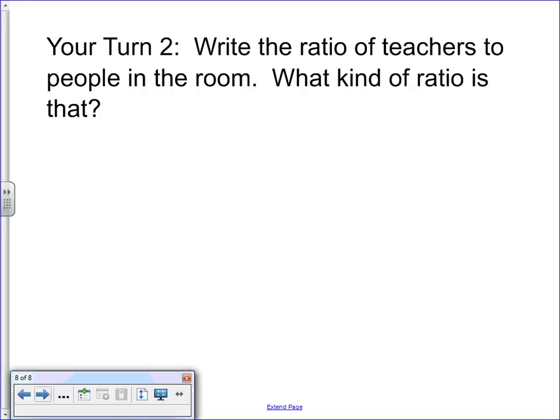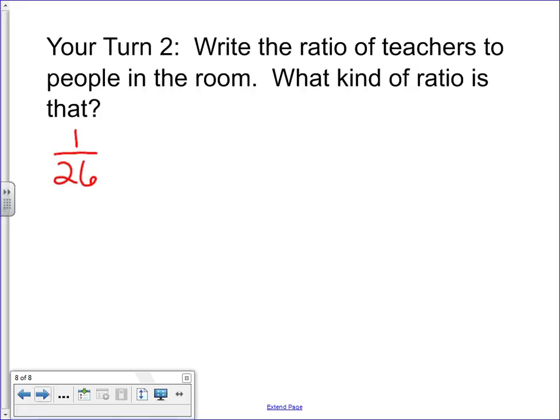So if I'm writing the ratio of teachers to people in the room, and I'm just going to pretend that there's 25. If there's one teacher and there's 25 students, that means that there's actually 26 people in the room. Because can the teacher be a person in the room? Well, yeah, absolutely. Can the students be people in the room? Absolutely. So all of them count.